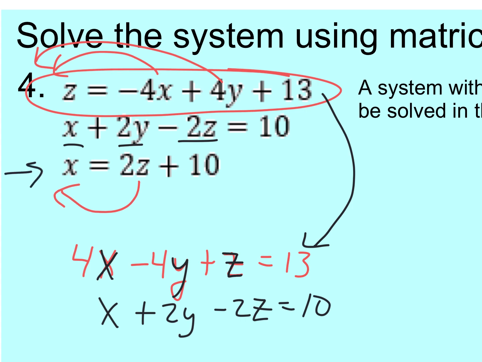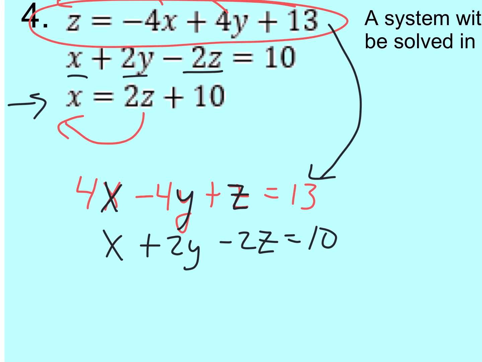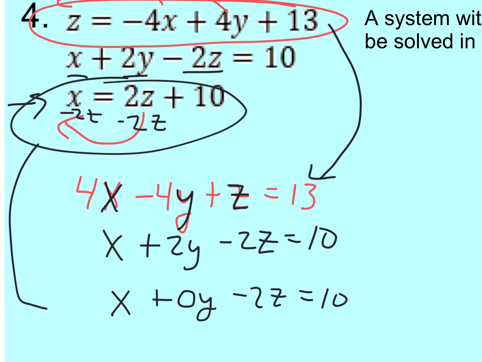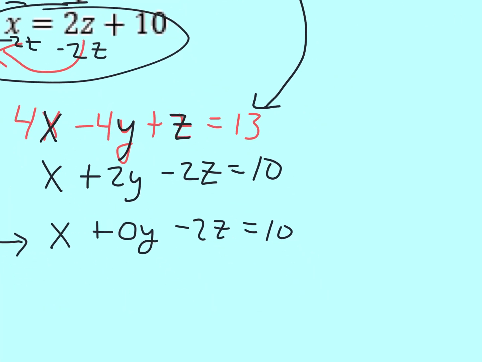And this one just needs the z to come over, and it'll make it negative. It's like subtracting 2z from both sides. So then I have an x, I don't have any y's, and I have minus 2z equals 10. That's this equation has been rewritten to that. Okay, and this would be easy.